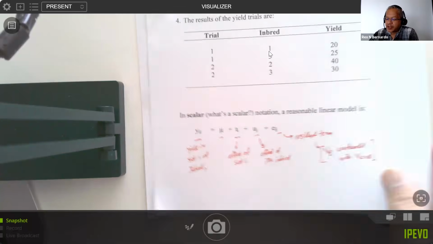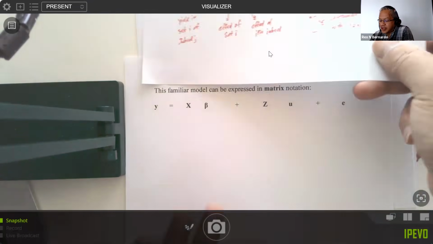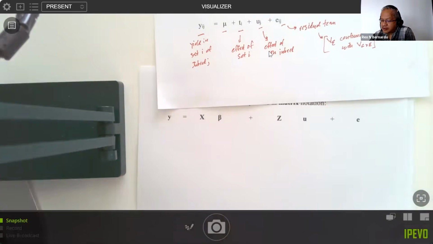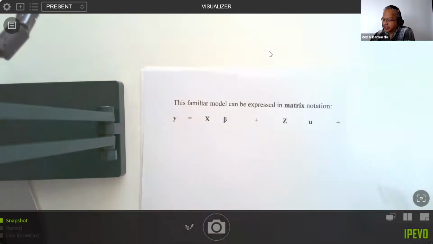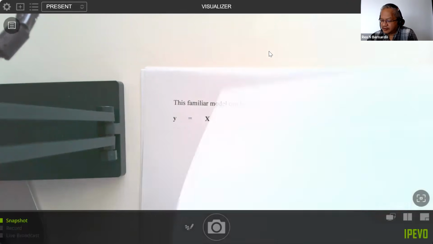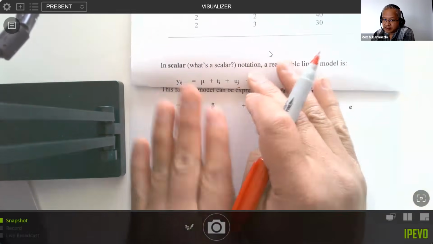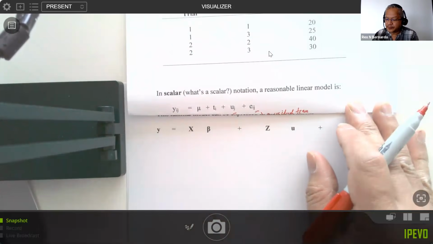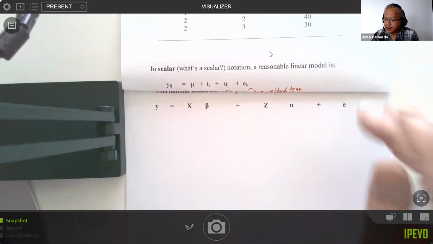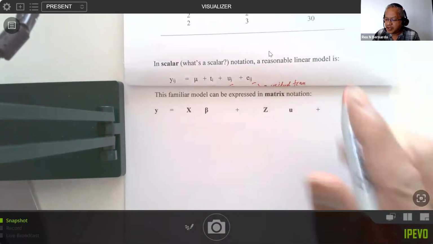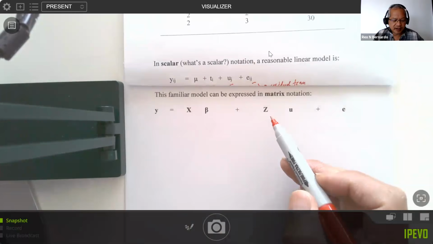All right. So if we now take that familiar linear model, I'm going to fold my sheet here so that I have more real estate on my desk. So that familiar linear model can be expressed in matrix notation as follows.